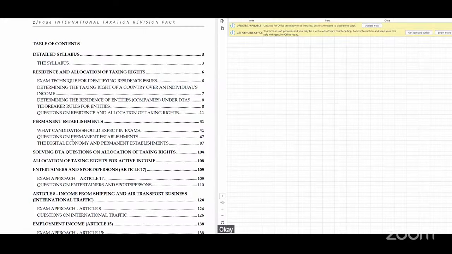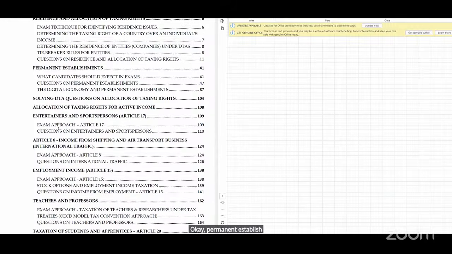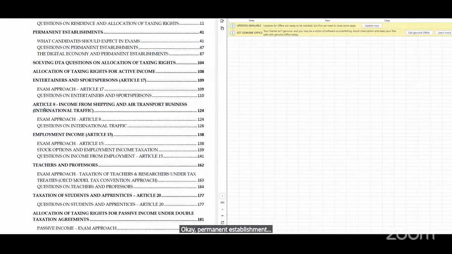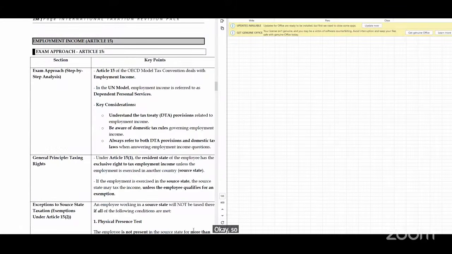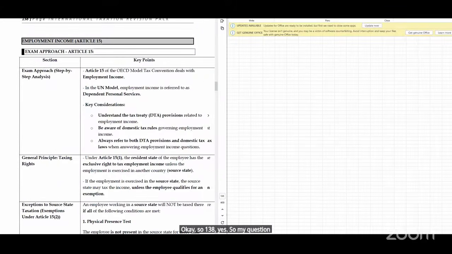Permanent establishment, artists and sportsmen, Article 8, employment income 138. All right. So 138, yes. So my question bank, we can see it here.